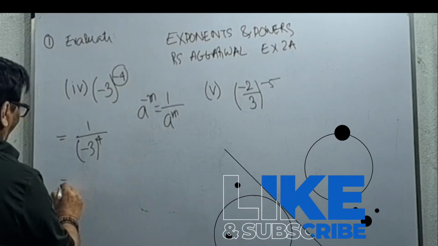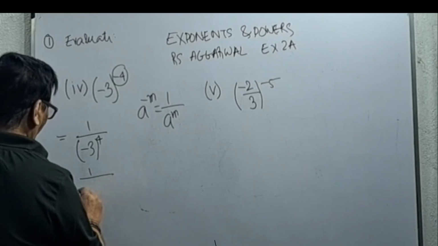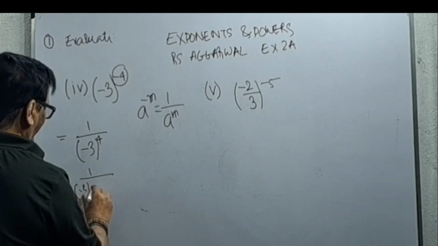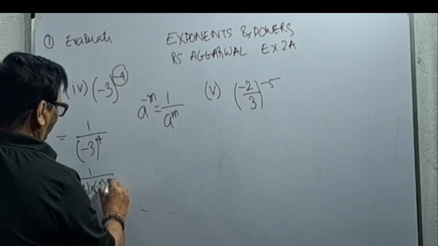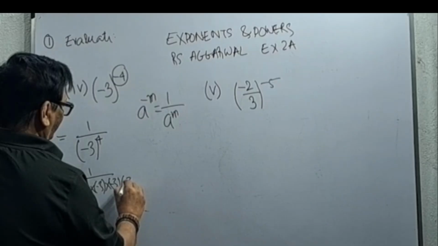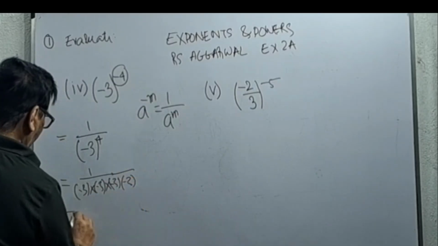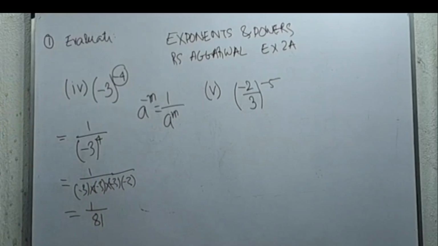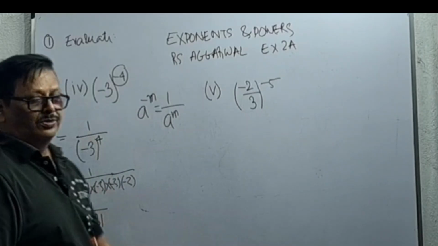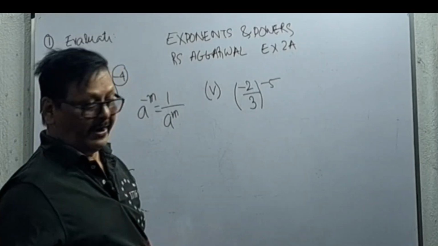Now if you simplify it, it becomes 1 by minus 3 times minus 3 times minus 3 times minus 3, right? Which is 1 by 81. It becomes positive, right?